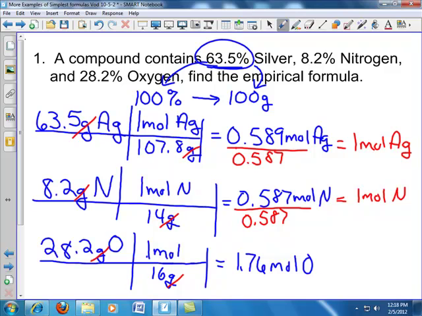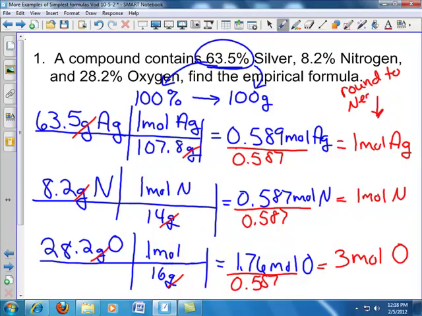And if I divide this bottom one by 0.587, that turns out to be 3 moles of oxygen. So that was step 3. These numbers might not come out to be exactly 1 mole, but at this point, you round to the nearest whole number.